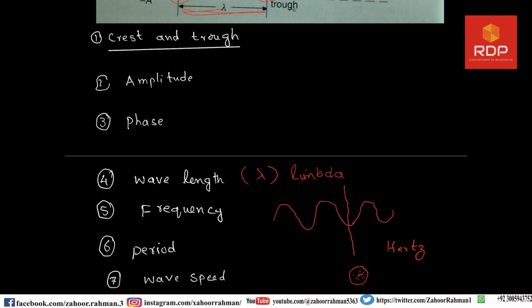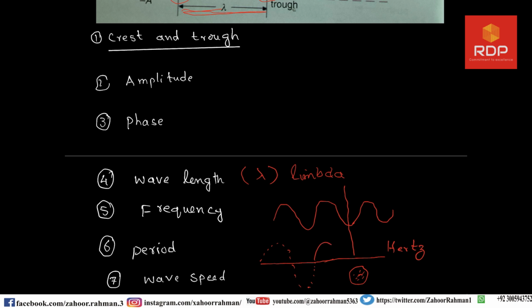Now, how will you understand that there is one complete wave? It is starting from here, and when it reaches its position again, the dashed portion is showing you that there is only one wave produced.